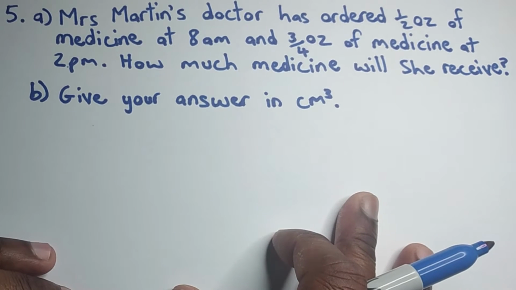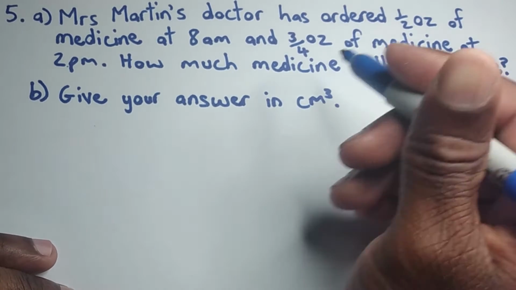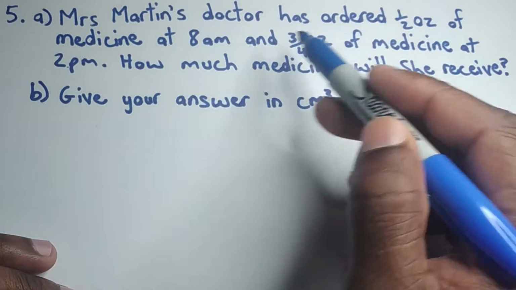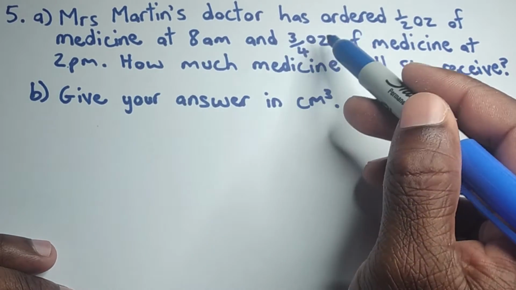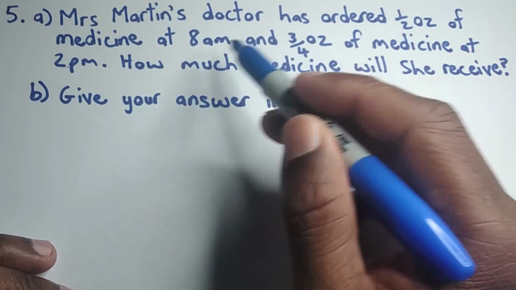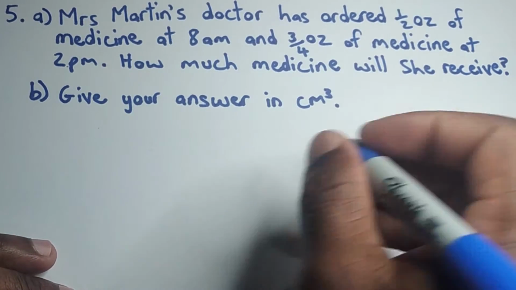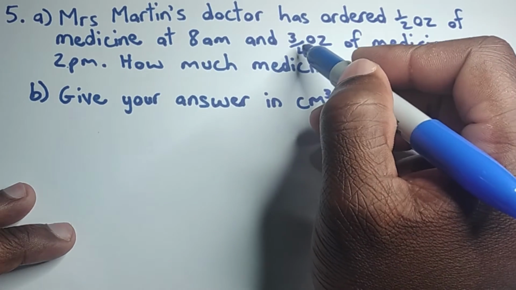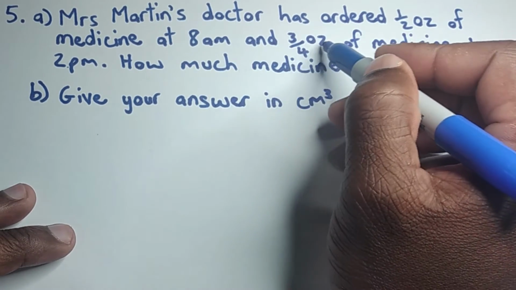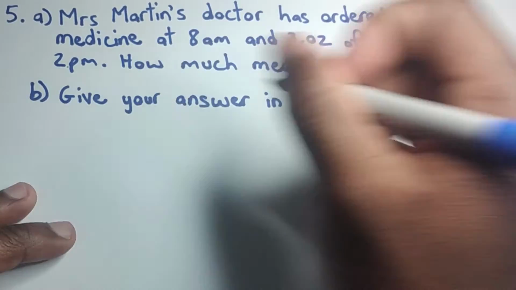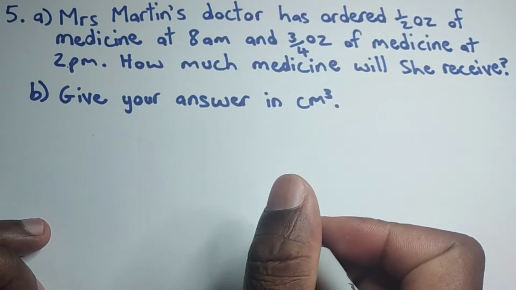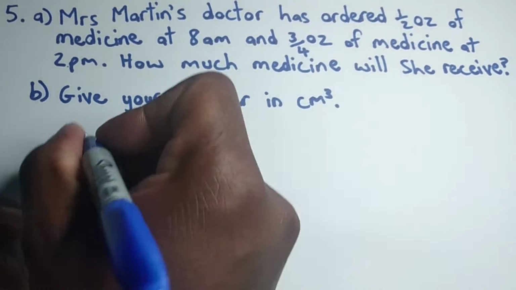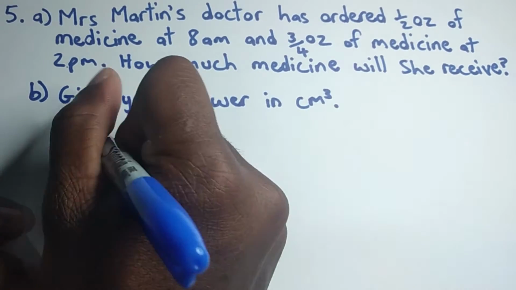Now, all that simply requires us to do is to add the amount of medicine that she would have obtained at 8 a.m. to the amount of medicine that she would have obtained at 2 p.m. All right. So she received ½ ounce of medicine at 8 a.m. and 3/4 ounce of medicine at 2 p.m. So to obtain the amount of medicine that she would receive, we'll need to add both of these, all right?